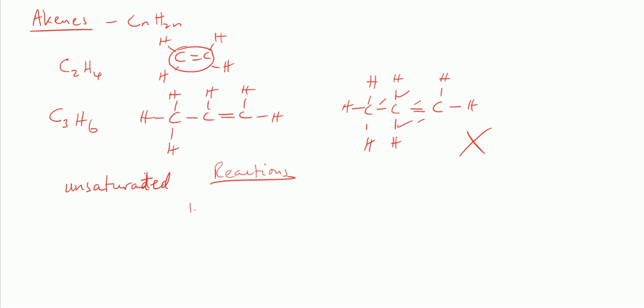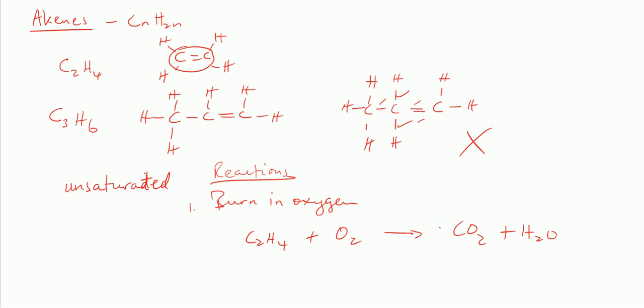right? So the first one, they burn in oxygen as well. So if we have something like C2H4 plus O2 produces, again we'll produce carbon dioxide and water, H2O. We have to put a 2 here, we have to put a 2 here, and we have to put a 3 in front of this oxygen.